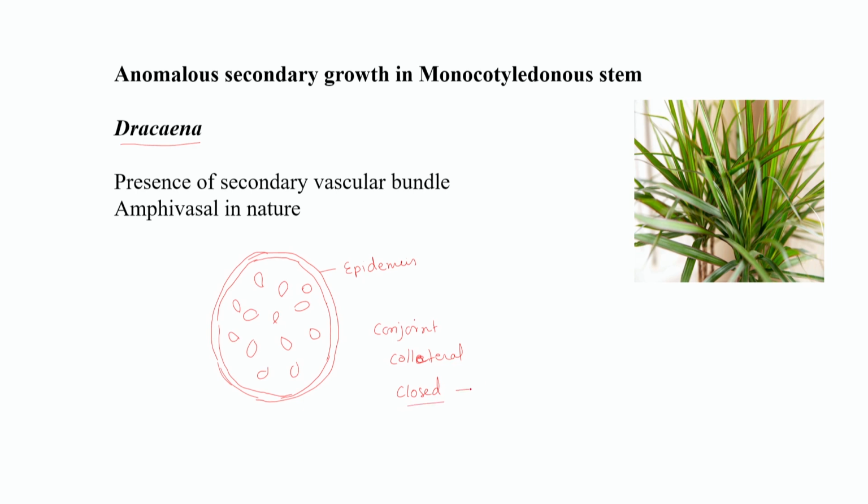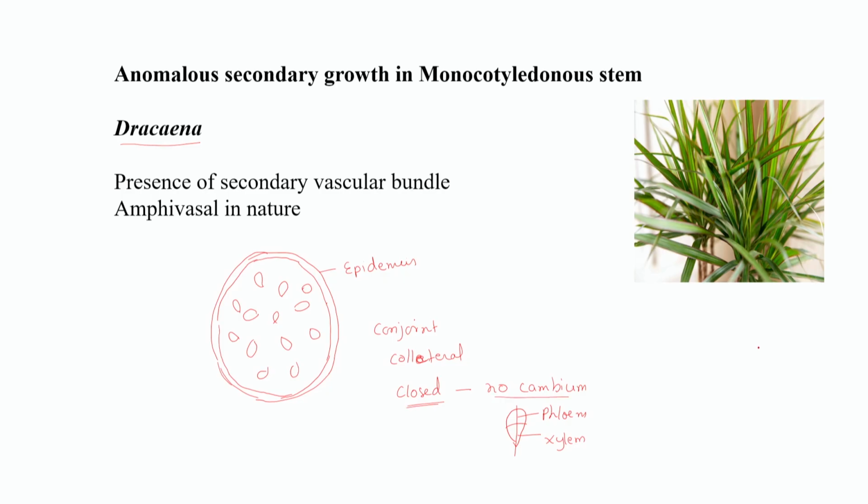Closed means no cambium. In these vascular bundles, you will find phloem on the outer side and xylem on the inner side, and both tissues will be on the same radius. So that's why it is conjoint and collateral, and closed because of no cambium.